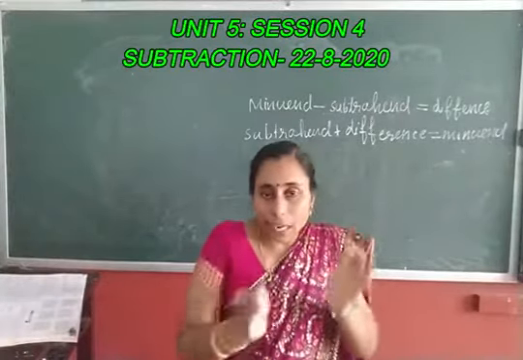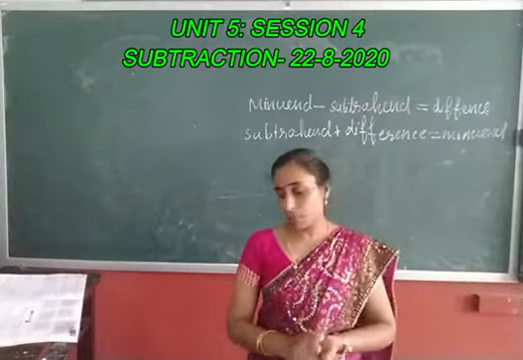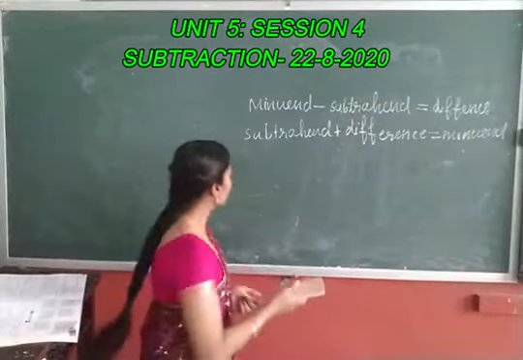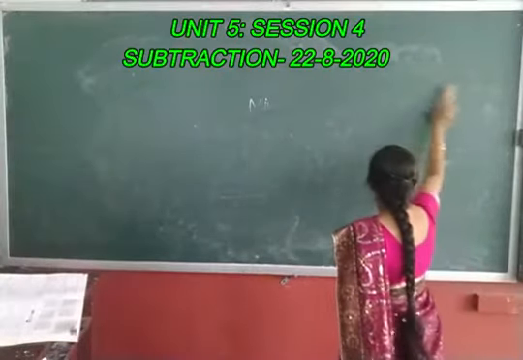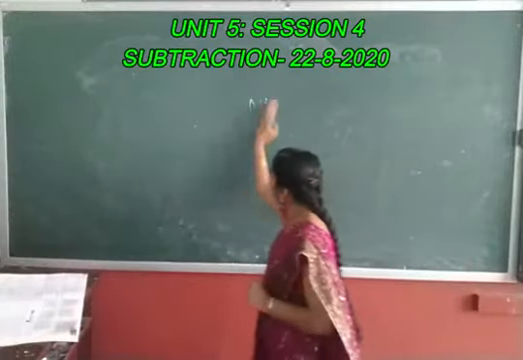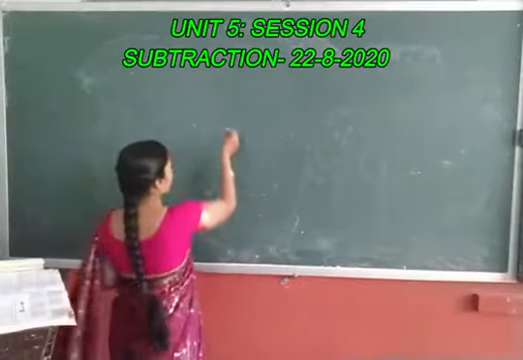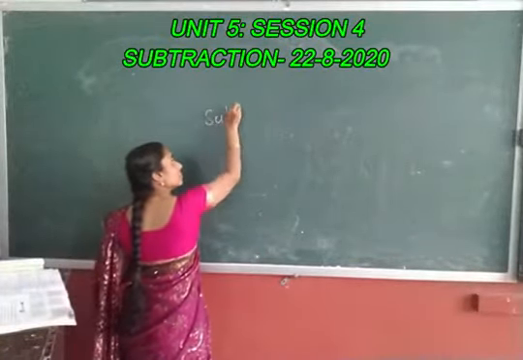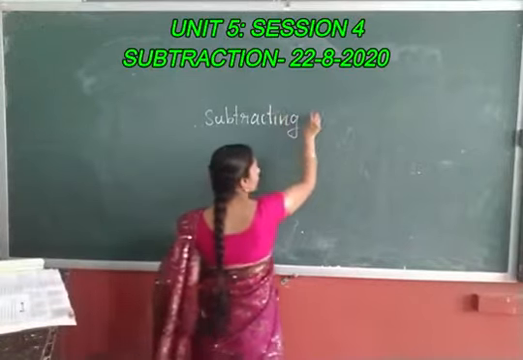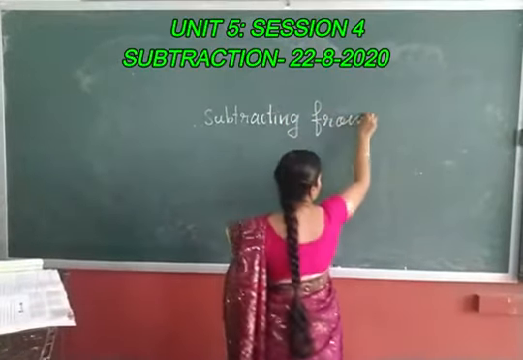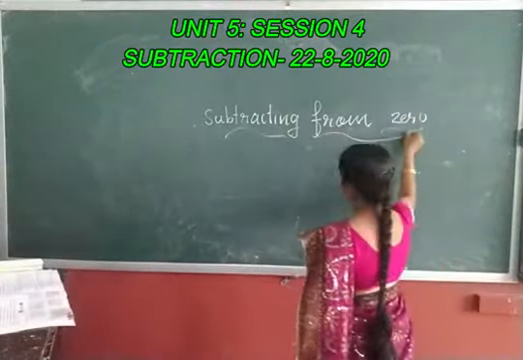But if 2-3 places continuously come 0, how can we do the subtraction? Subtracting from 0.